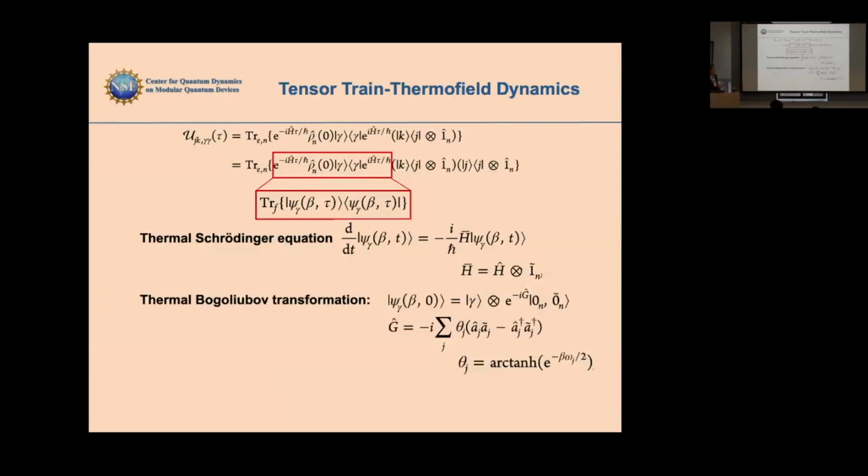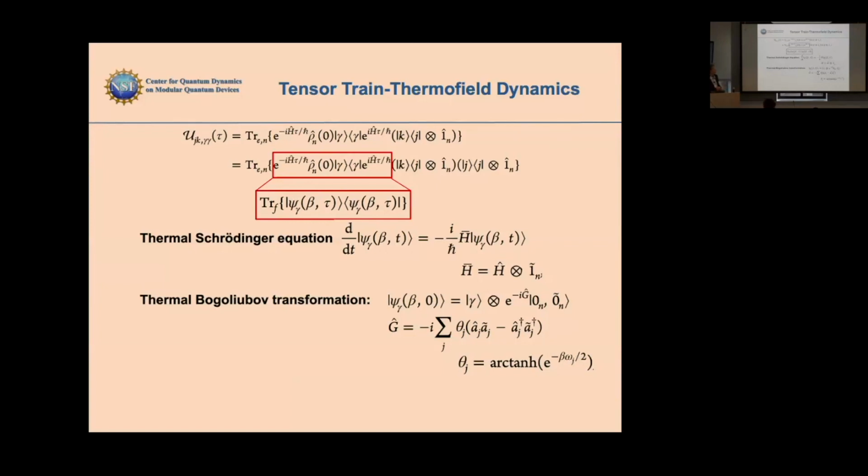What we use is this tensor train thermal field dynamics that basically represents the density matrix in terms of the thermal wave function. So here, this wave function has physical degrees of freedom and copies of those physical degrees of freedom that we call the fictitious degrees of freedom. And we are going to be tracing over the fictitious degrees of freedom.